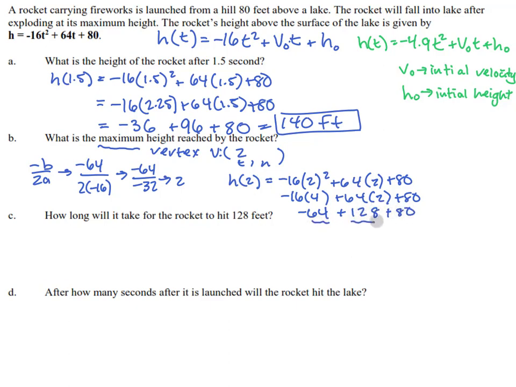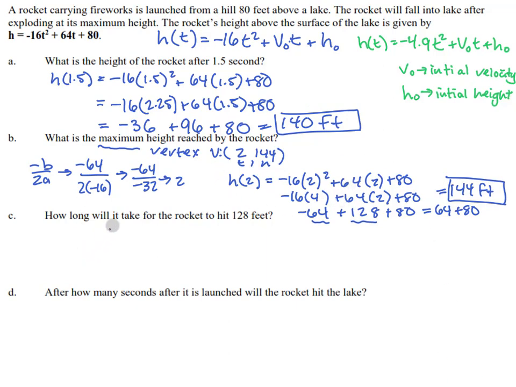These two together make 64, and 64 plus 80 is 144 feet. So it takes half a second as it's slowing down to reach its maximum height of 144 feet. Only half a second longer than our previous height, which was after 1.5 seconds. So it went a little higher up before it reached its maximum.